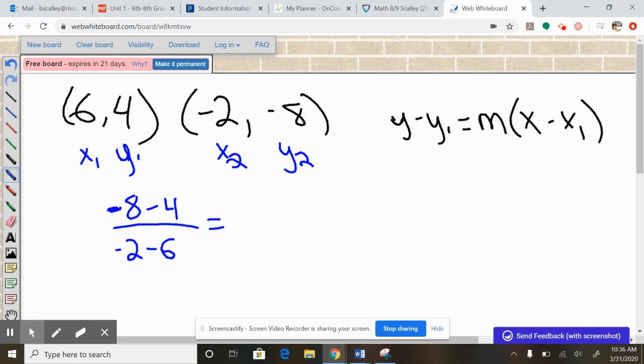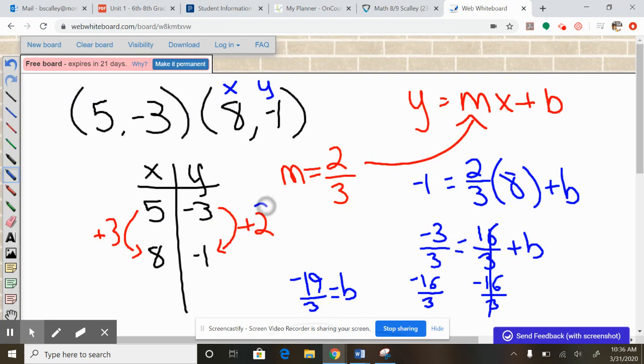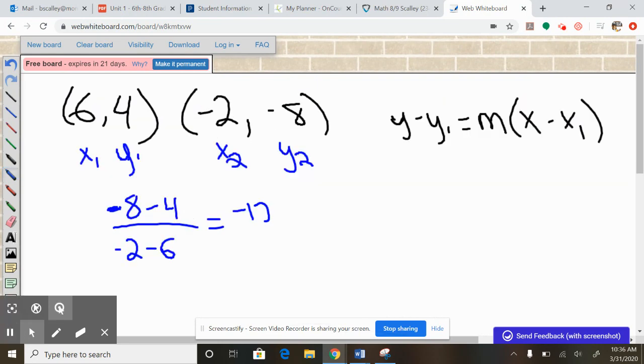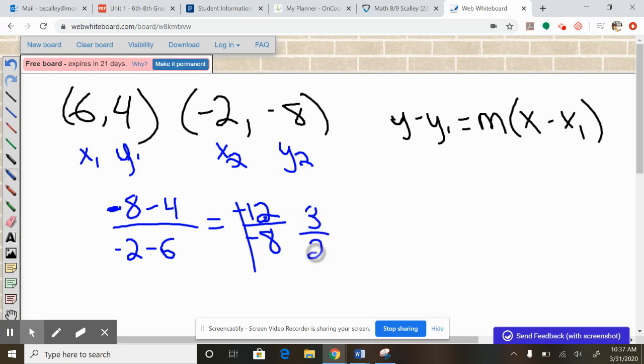So when I do the subtraction, I'm getting -12 over -8, which first off, those negative over negative is just going to cancel, and I can simplify 12 over 8. If I divide the top and bottom by 4, I should get 3 over 2. So that's my slope that I can plug in right there.